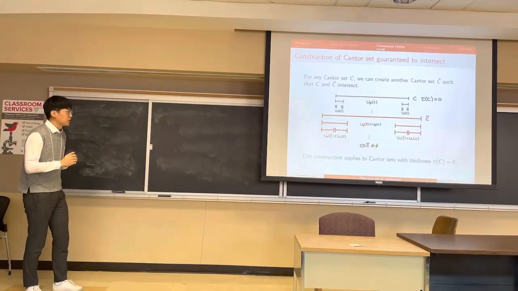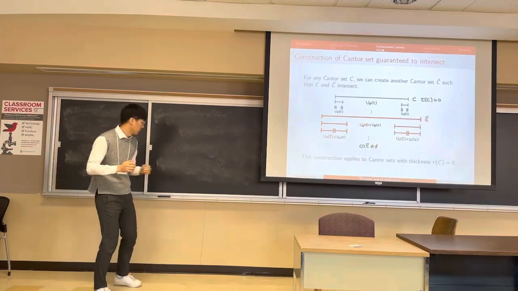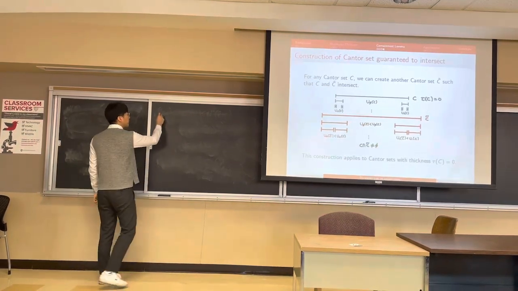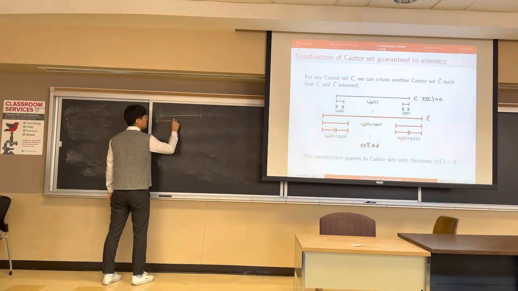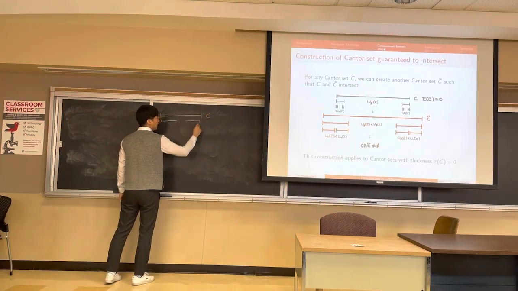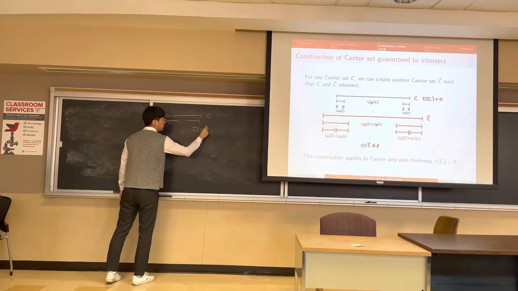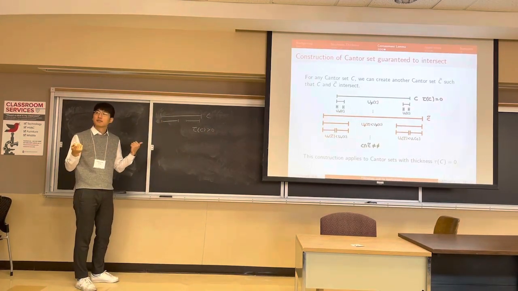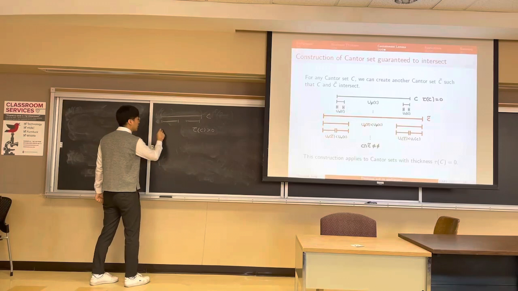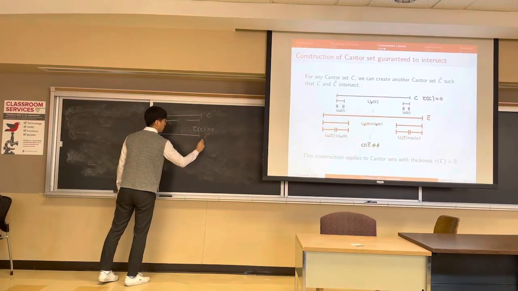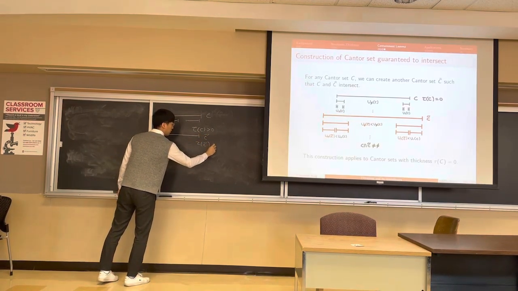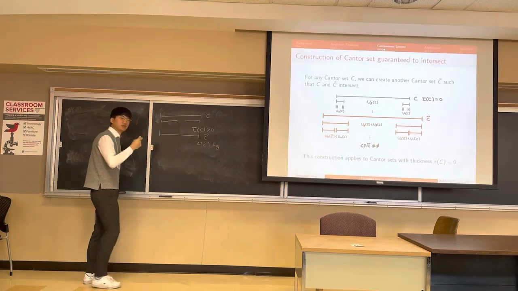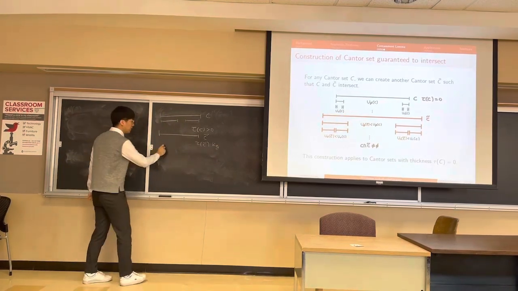So we can use this to directly construct contour sets that we're looking for. For example, if a contour set C had thickness greater than 0, all we have to do is construct C tilde that has big enough thickness so that you can use the gap lemma. But this wasn't working for thickness 0 sets.